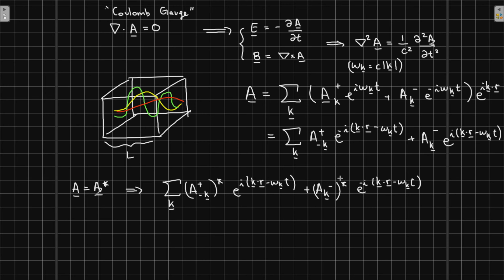This, since I have taken the complex conjugate of the vector potential, must be equal to this. So these two must be equal.